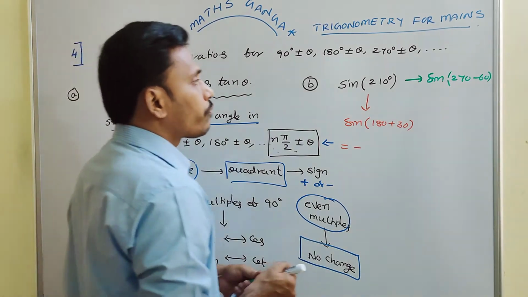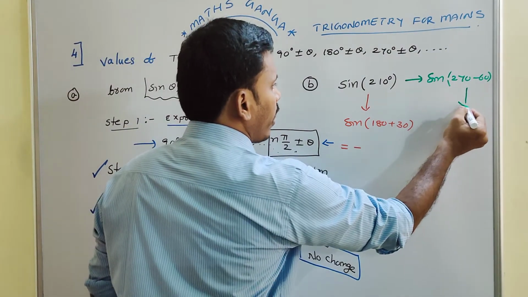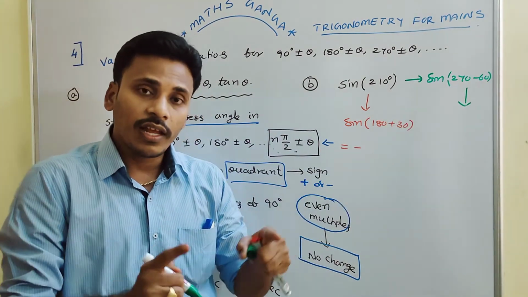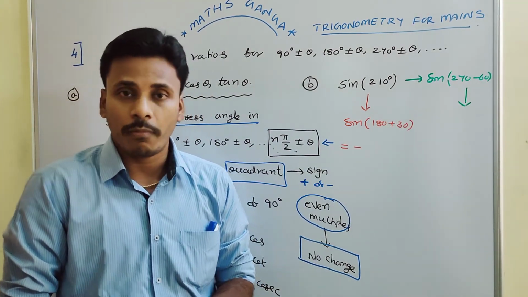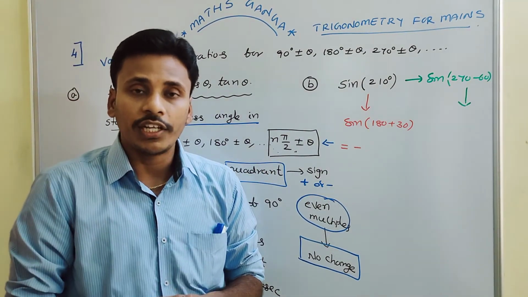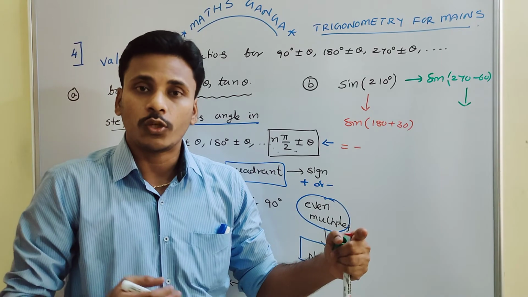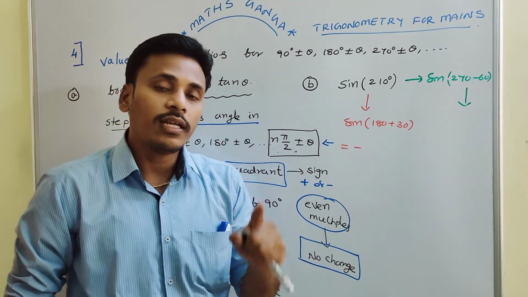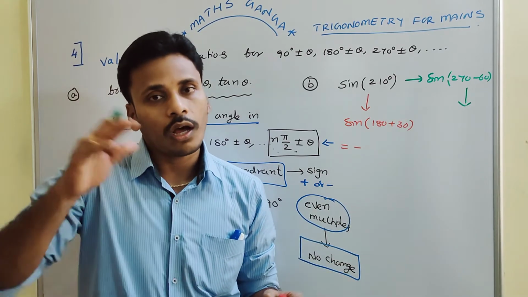Now if you try to solve this, the first step gets completed in expressing it as 270 minus 60. In the next step, you need to identify the plus or minus sign. For that, look at the angle 210 degrees. For sure, 210 degrees is an angle in between 180 and 270, that is, the third quadrant. In the third quadrant, only tan and cot are positive, all others are negative.